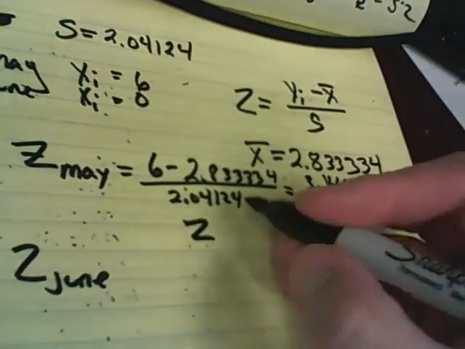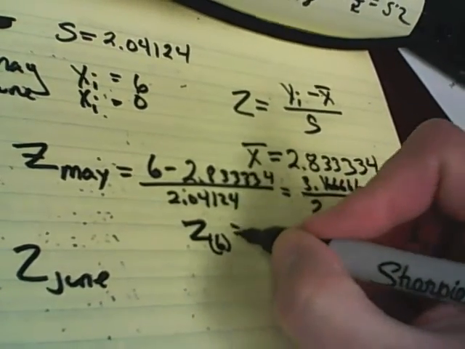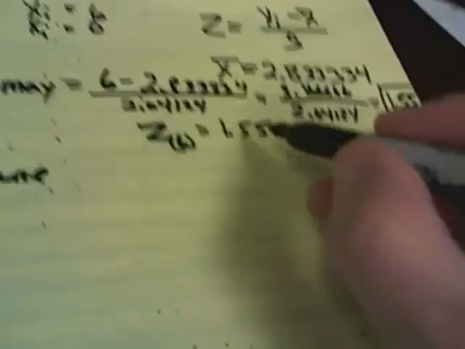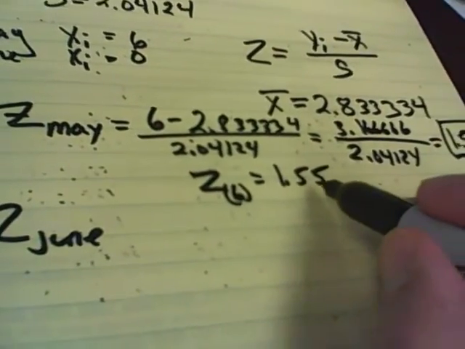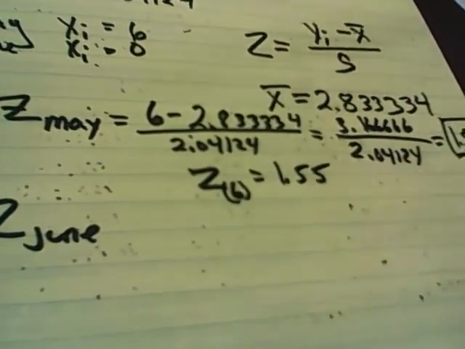So the z of 6 is 1.55. That means that this is 1.55 standard deviations to the right of the mean.